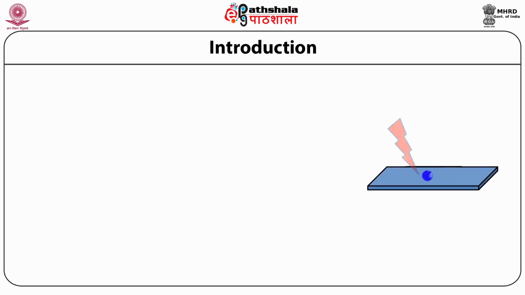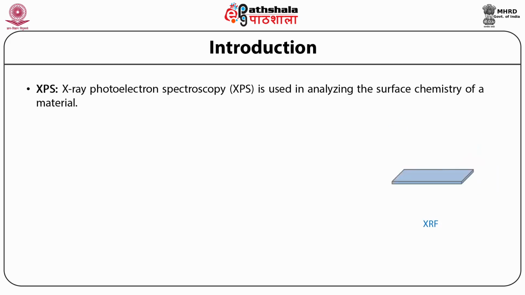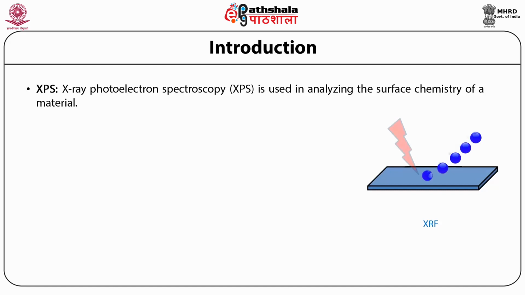Another spectroscopy is called X-ray photoelectron spectroscopy, abbreviated as XPS. It is used in analyzing the surface chemistry of a material. XPS can measure the chemical and electronic state and composition of the materials.